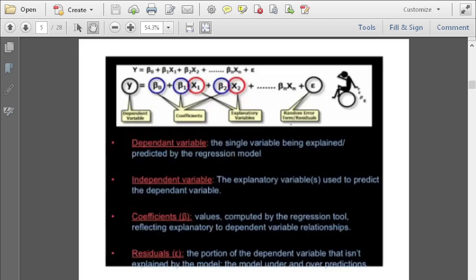In that way, once you run those data in regression analysis, you can obtain a model and predict the future effect of those variables on the dependent variable.